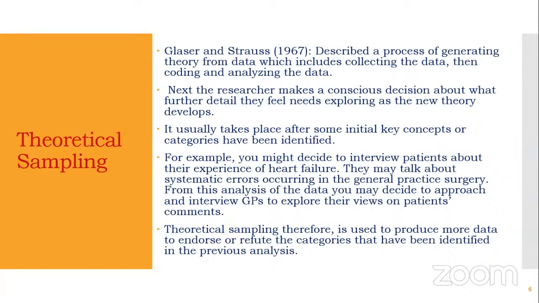And as you go on exploring more and more, you may feel that some of the categories which have already been developed are not working well. So maybe I have to focus on some new categories, some new direction. So that's the point of theoretical sampling.